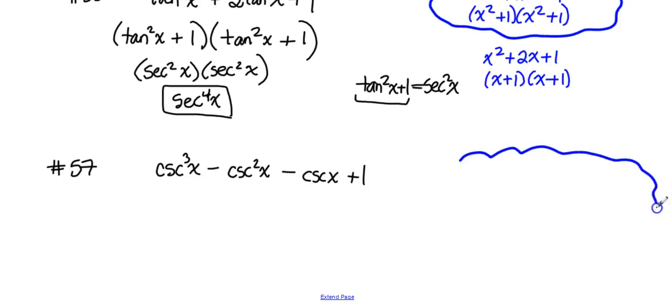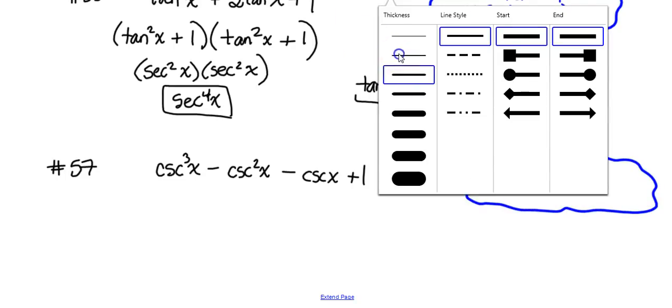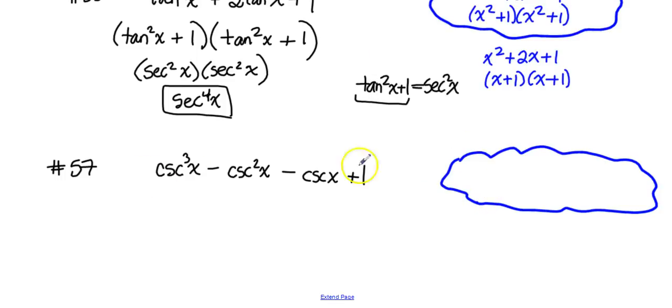Stepping into algebra world, let's see what this will become if we mentally and physically rewrite it in terms of x. So this would be x cubed minus x squared minus x plus 1.